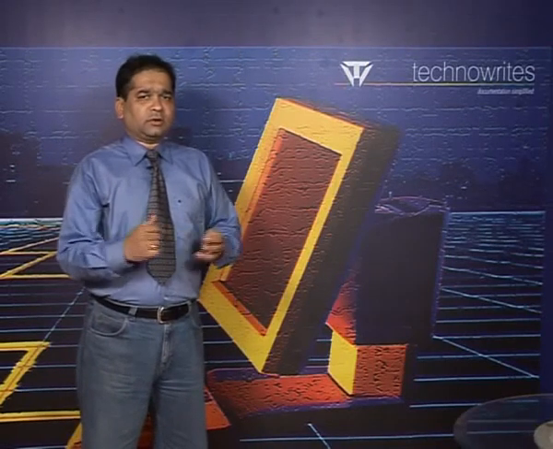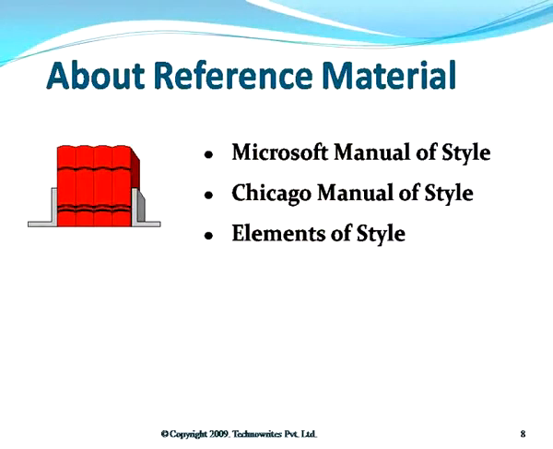The Indian version could cost you something like 350 to 400 rupees. The international version could be a little bit costlier. But this is a must-have book if you want to become a technical writer in the computer industry or in the IT industry today. The second book is the Chicago Manual of Style. This is one of the oldest manuals of style ever written.